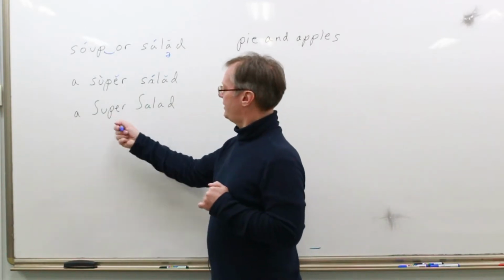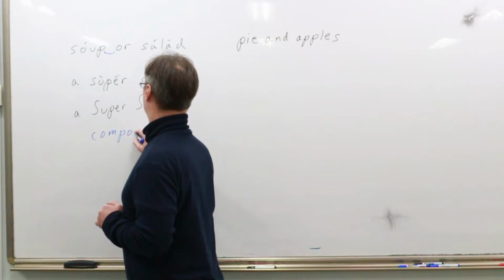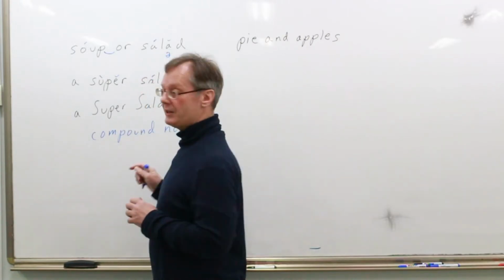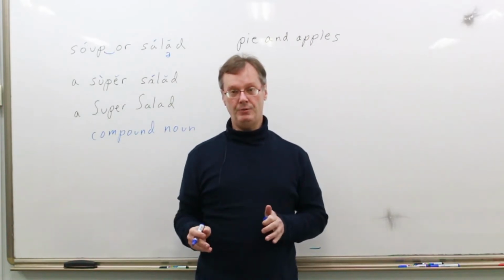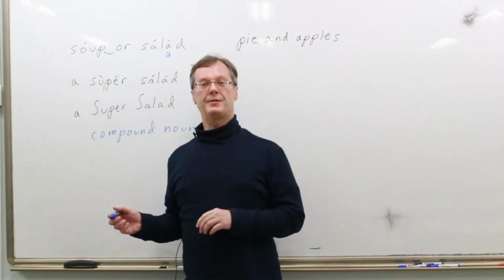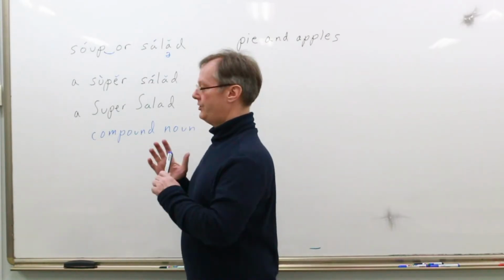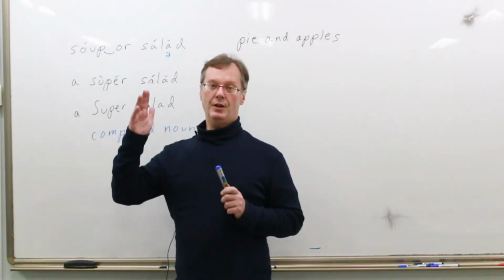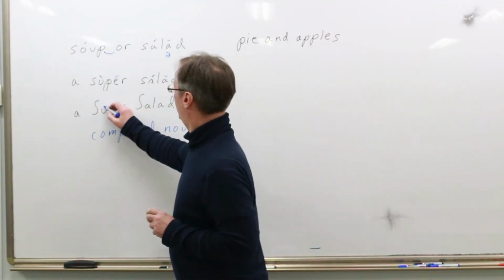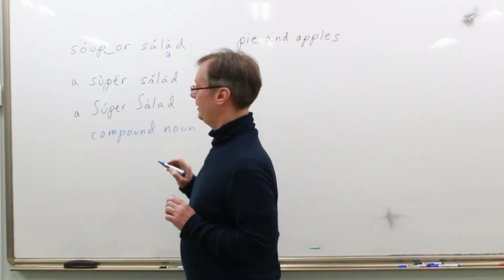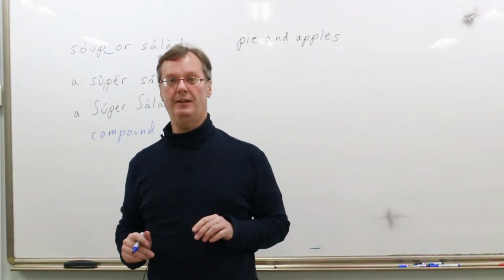Now, in this case, this is what we call a compound noun. And that's when you put two nouns together and you make a new noun, a complex noun. It doesn't matter if they are written together or apart. The stress pattern is similar. Usually the first part of a compound has more stress. It's a super salad. So if it's a special menu item, it's a super salad.